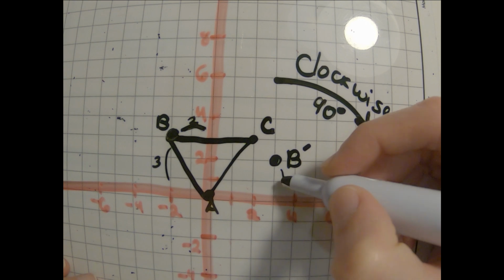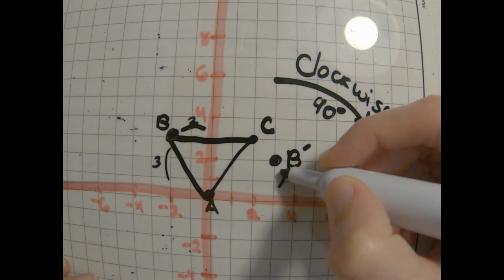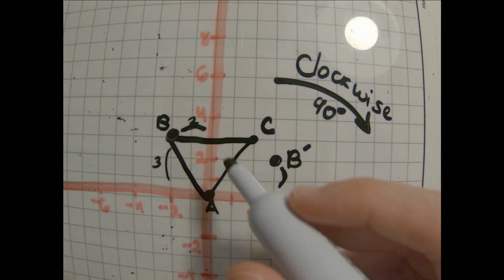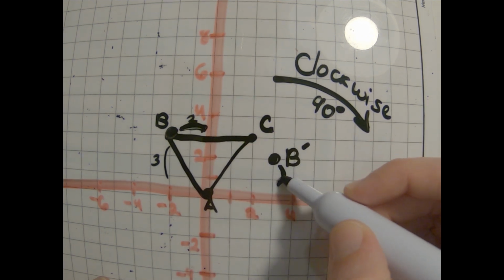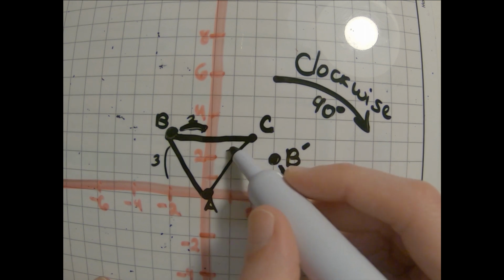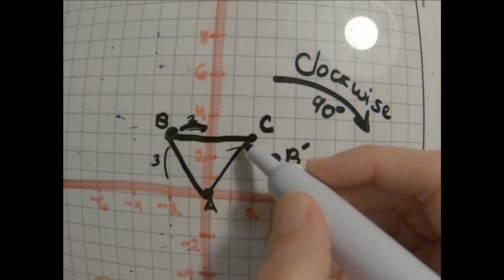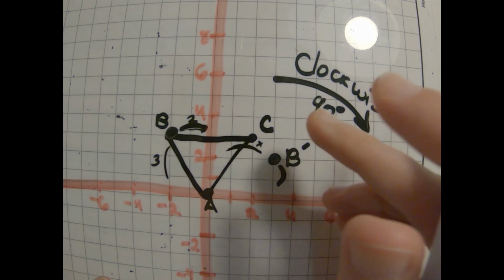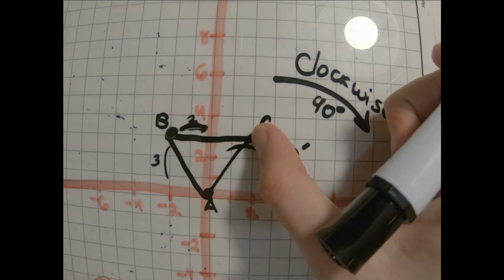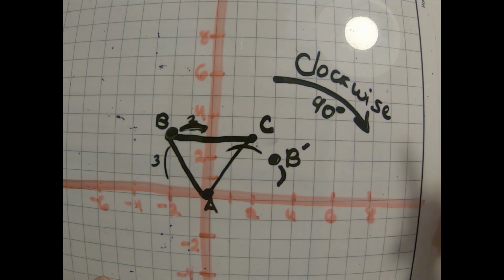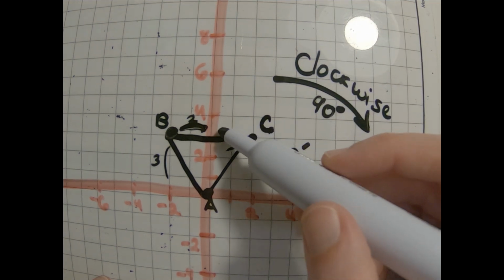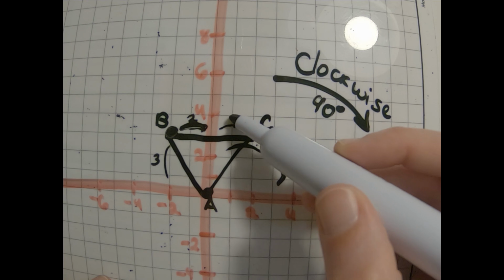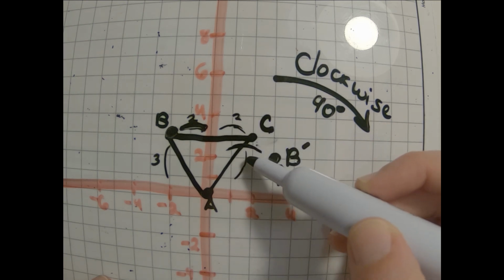I still have a distance of 2, which now transferred over, flipped, right, from the distance on x to now the height of y, and a distance of 3, which now changed from the height of y to the length of x. So I'm kind of flip-flopping everything. Then C is also 2 spaces on the x-axis and a height of 3 on the y.